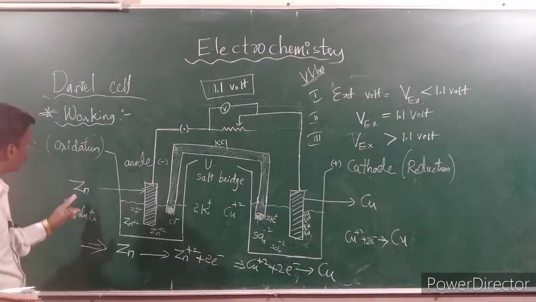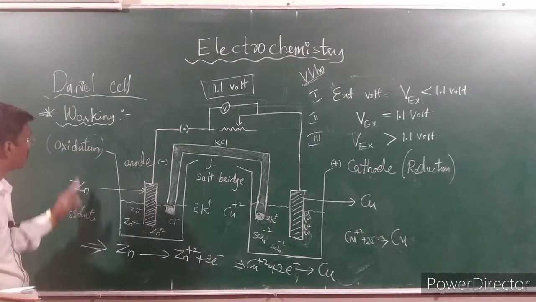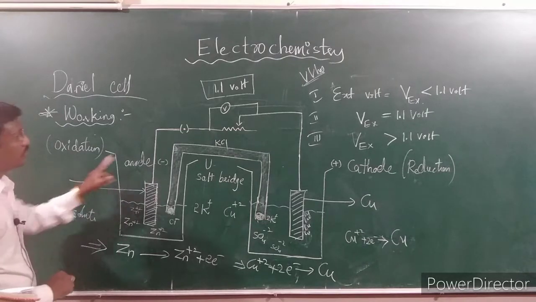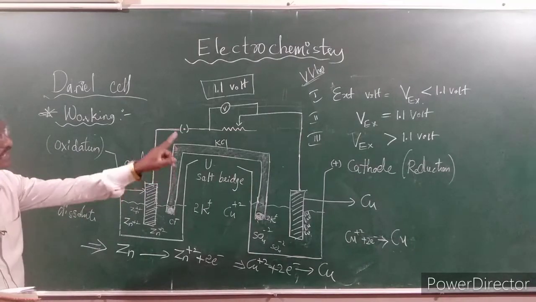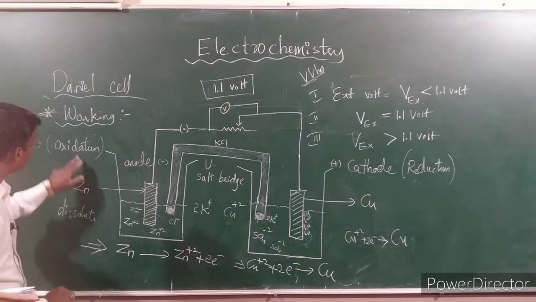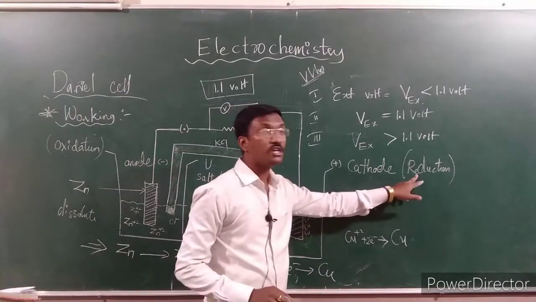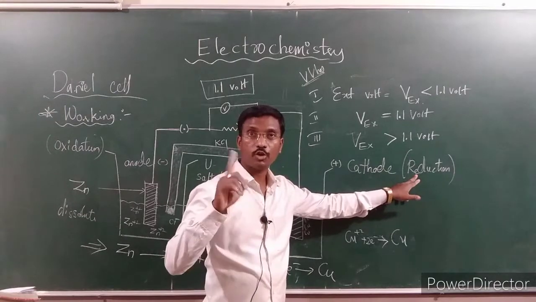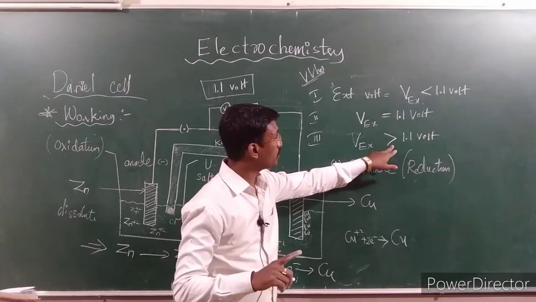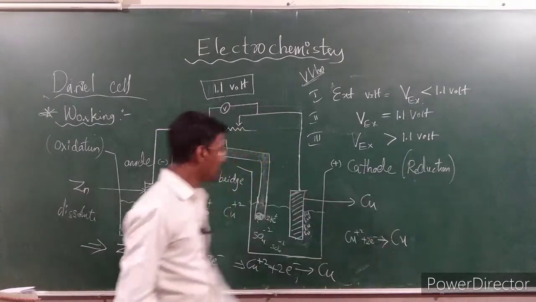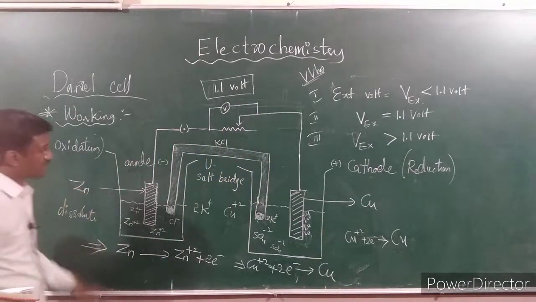At that condition, what happens? Zinc does not undergo oxidation, zinc undergoes reduction. The reaction is reversed. When the external applied voltage is greater than 1.1, zinc undergoes reduction, not oxidation. Similarly, copper undergoes oxidation, not reduction. The reduction becomes oxidation and oxidation becomes reduction.